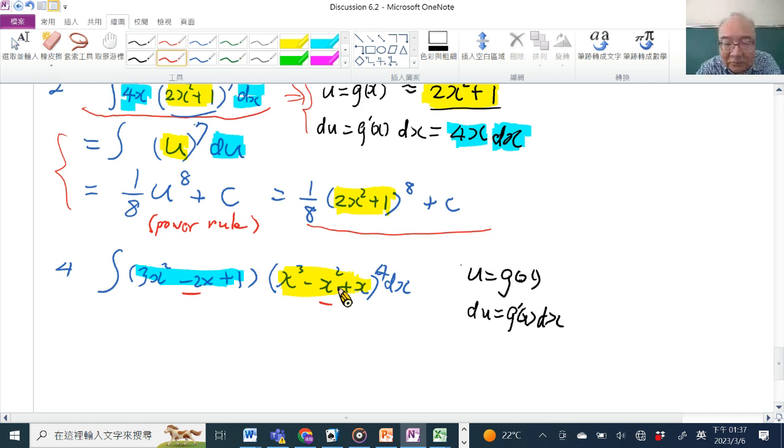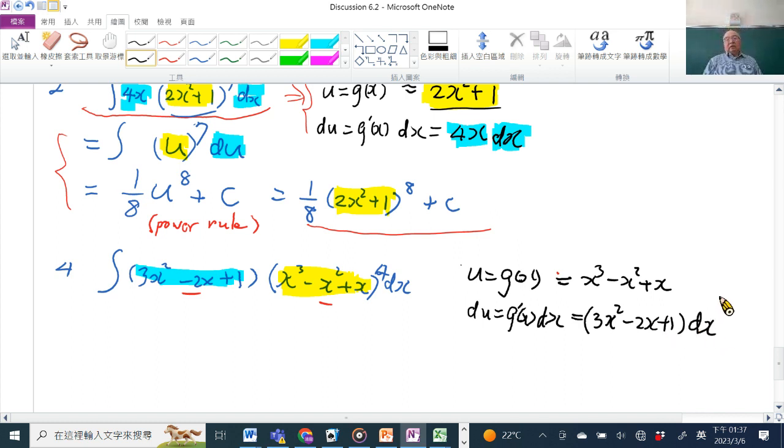Okay, so we're very comfortable to say we should let our u function become x to the power 3 minus x squared plus x, and then we are pretty sure 3 times x squared minus 2x plus 1 is g prime, so we should let this term multiplied by dx be du. Okay, and then we mark it again.